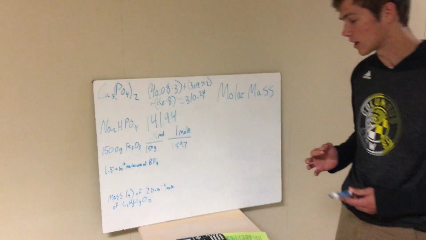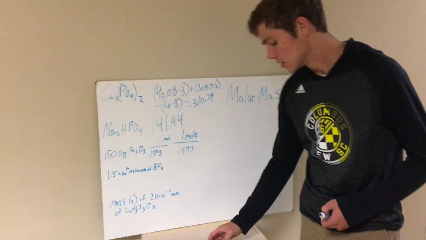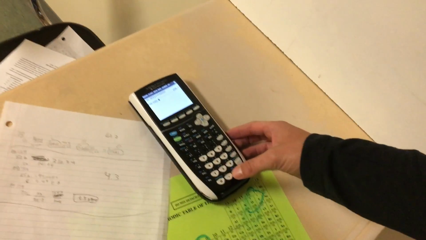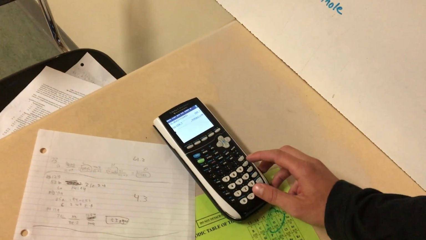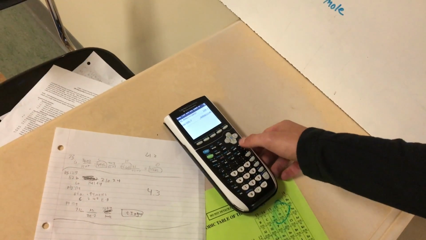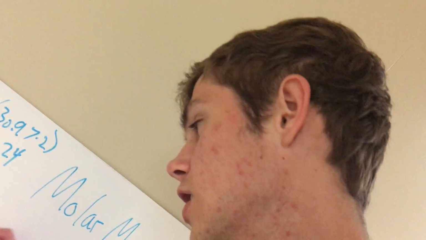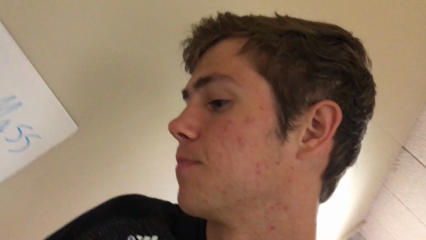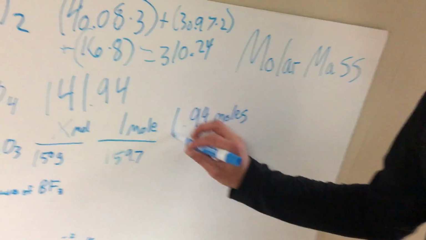In order to find just x, we need to divide by 159.7. So it ends up being 150 divided by 159.7, which is 0.94 moles.